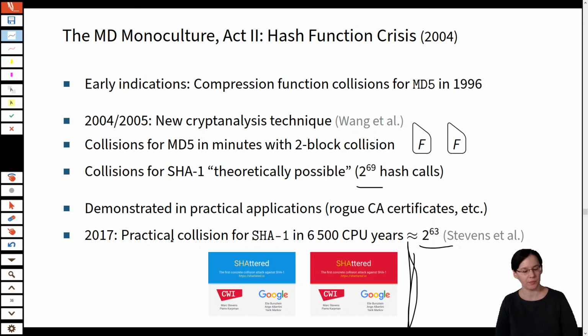What was already demonstrated earlier on is that it's possible to construct two certificates which look mostly identical, except for some small differences in some garbage values. But with one big difference, where one of the two certificates says this certificate is a CA certificate that is allowed to sign further certificates, whereas the other one says no, this is not allowed.